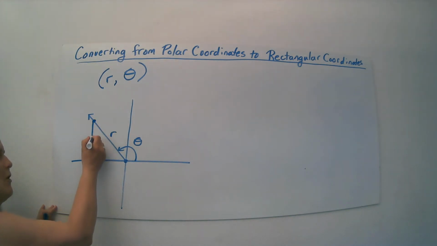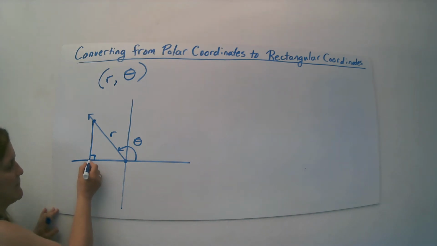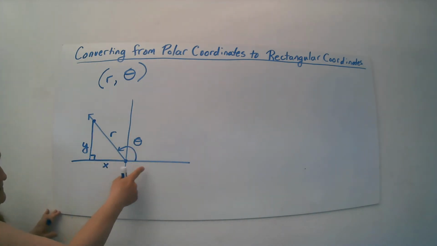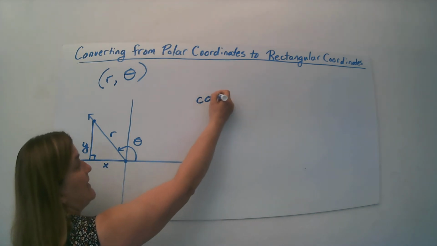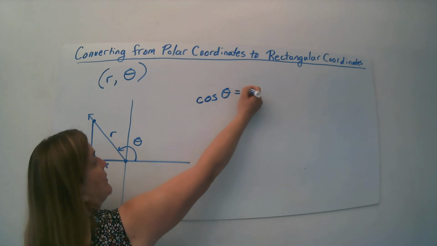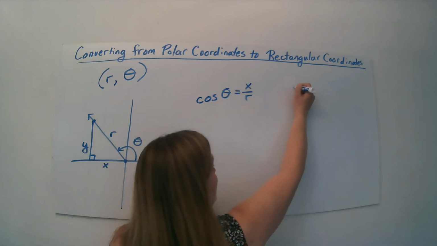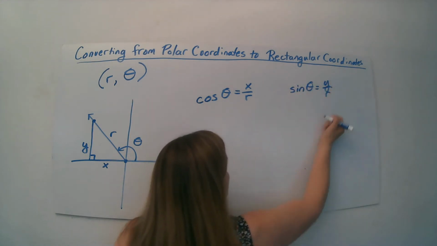And when we draw our reference triangle, as you know, we could label this as x and this as y. And with respect to this picture, we know the cosine of theta is equal to x over r, and the sine of theta is y over r.